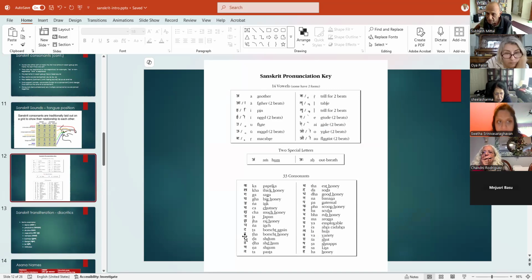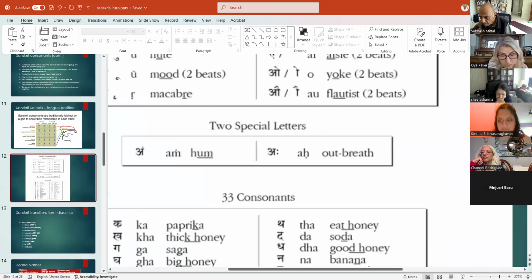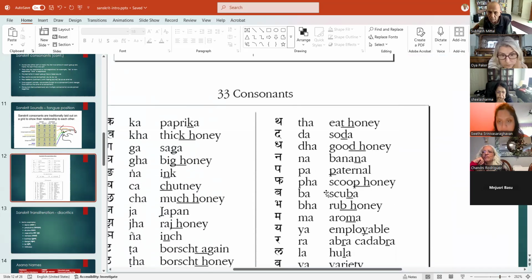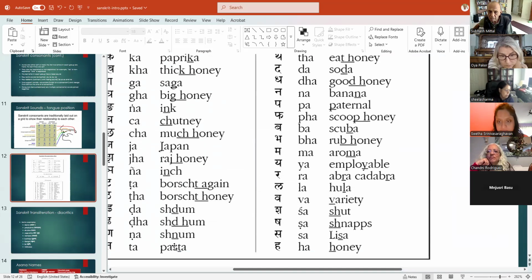So when you say tha, there is a dot placed under the T. Let me see if I can show it.